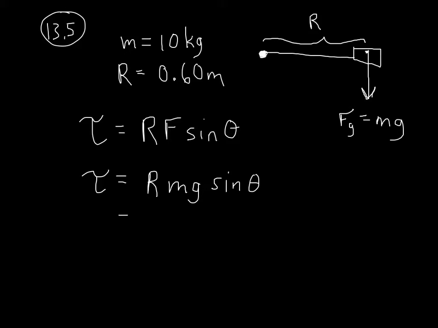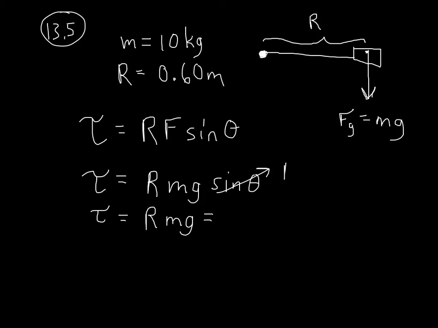I can see gravity is acting straight down, my radius is acting directly horizontal, so my angle, my theta, is going to be 90, and sine of 90 is going to become 1. So I have the torque is r times m times g.